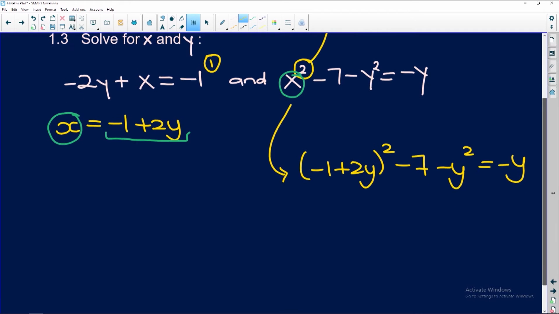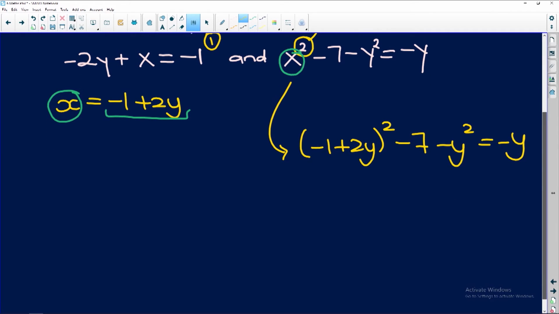Now guys, when you're solving an equation, try to get it into standard form, equal to 0. Let's expand this bracket. The square of -1 is 1. Remember, you square the first, square the last, and then twice the product of these two.